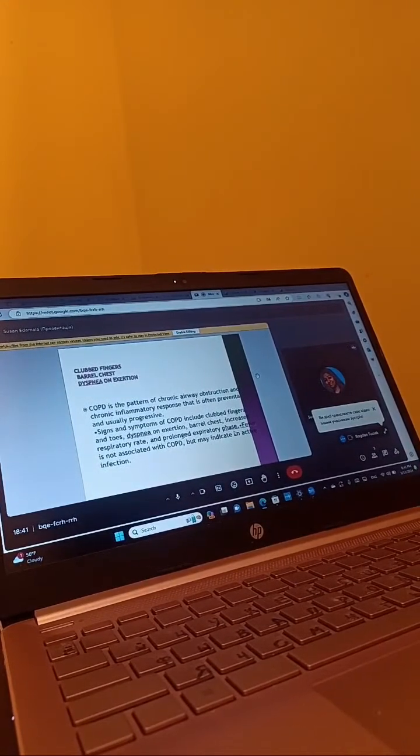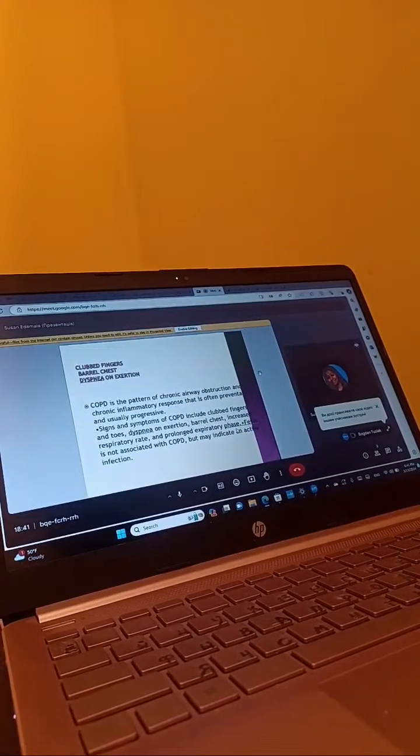They have a long, not short, expiratory phase. And of course, we said fever is not associated, because in COPD, only if there is infection along with COPD, which means pneumonia, then there is fever. Otherwise, there is no fever.